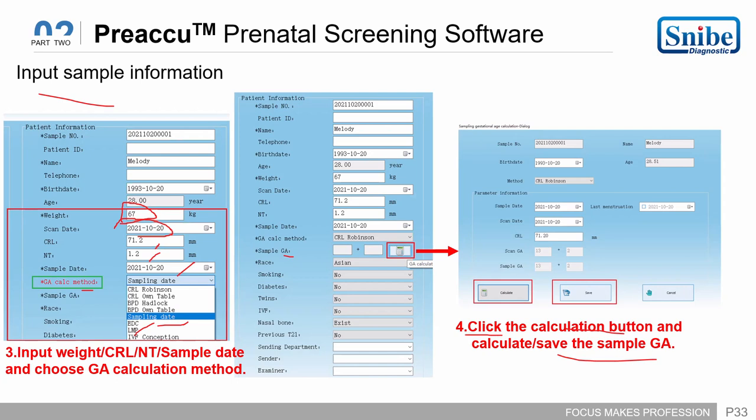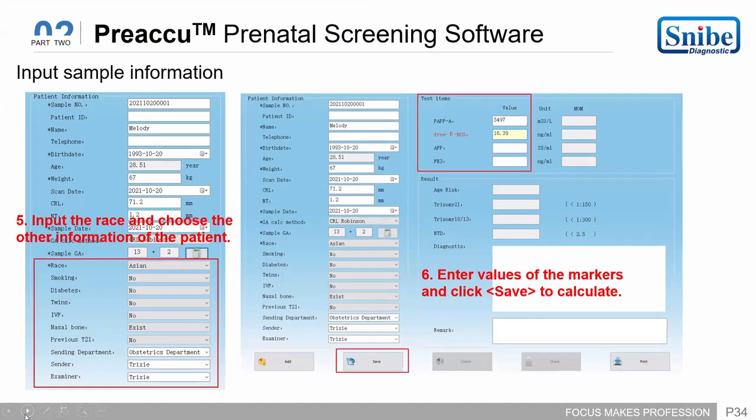So in the next screen, you will see the input more sample information. What is the more sample information input? You have to put some race, like Asian, African American, or Russian race. Then other factors of the patient, like she's smoking, she's diagnosed diabetic.